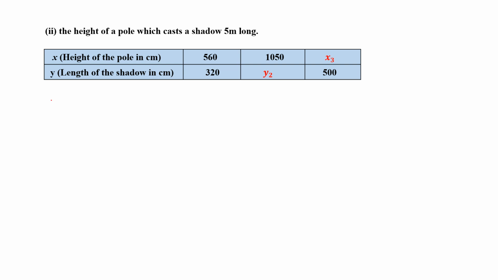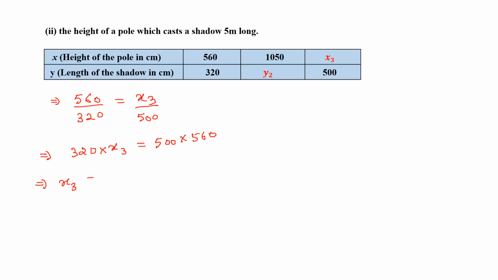So from here I can write 560 by 320 will be equal to x3 by 500. Now when I do the cross multiplication, 320 into x3 will be equal to 500 into 560, and the value of x3 will be 500 into 560 divided by 320.